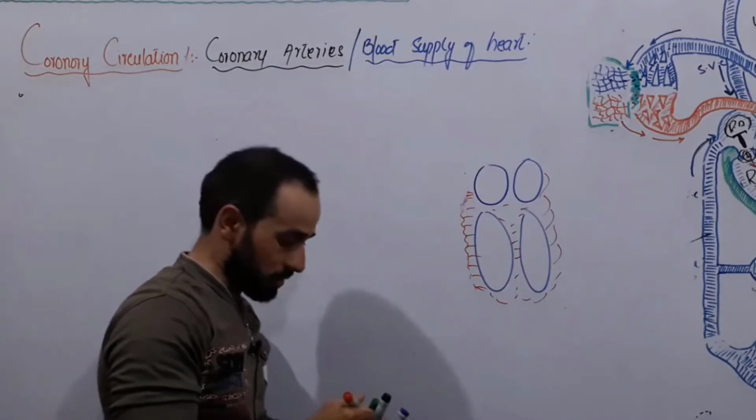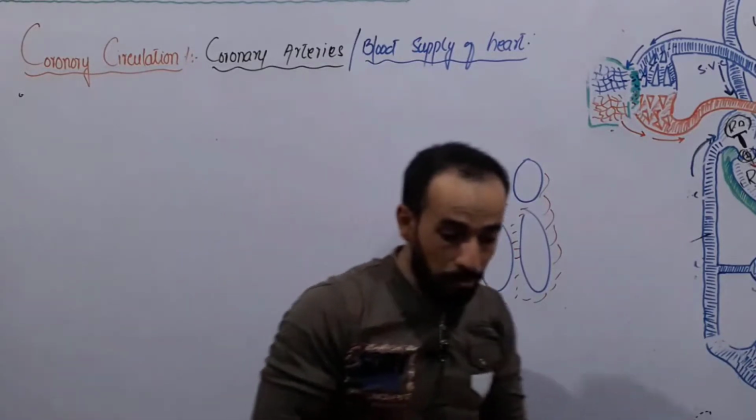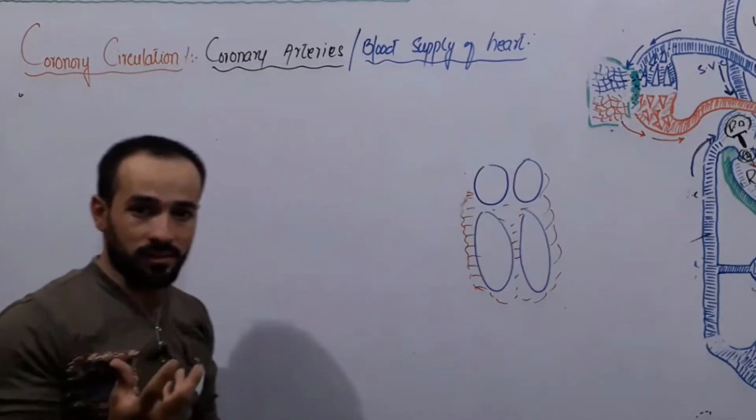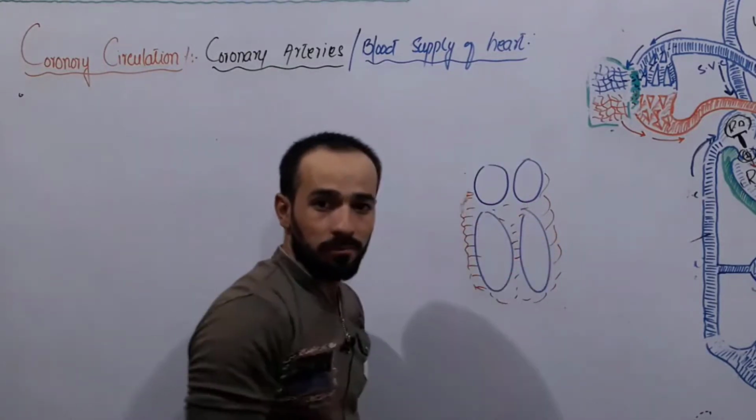What are coronary arteries? These are the protective ring of blood vessels around the myocardium, right?